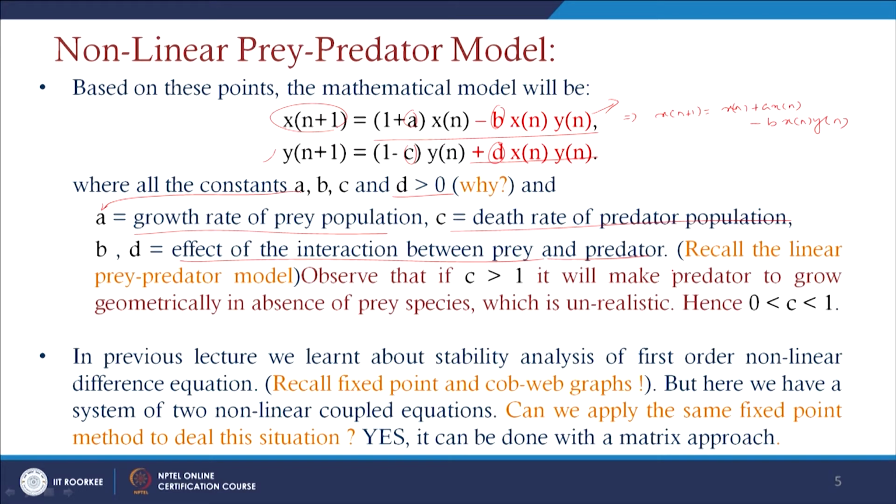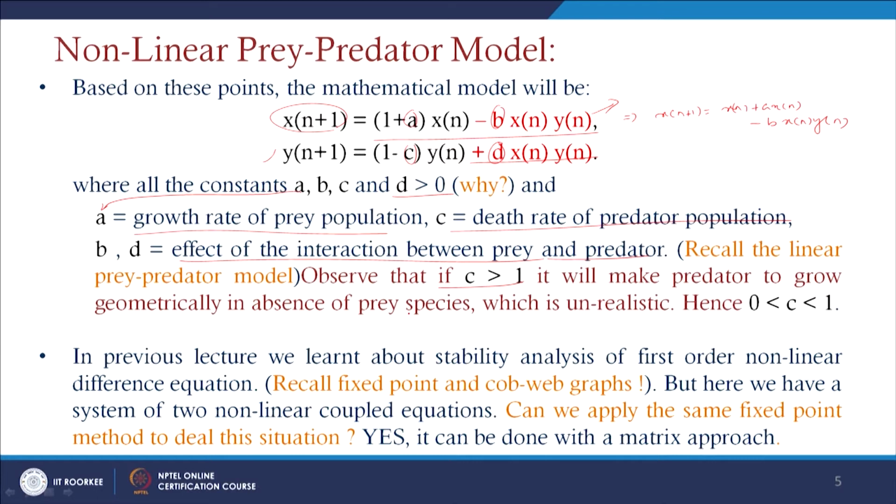If you recall this linear prey-predator model, we can observe that c greater than 1 will make the predator grow geometrically in the absence of prey species, which is unrealistic. Suppose the prey species is 0, meaning x_n is 0.